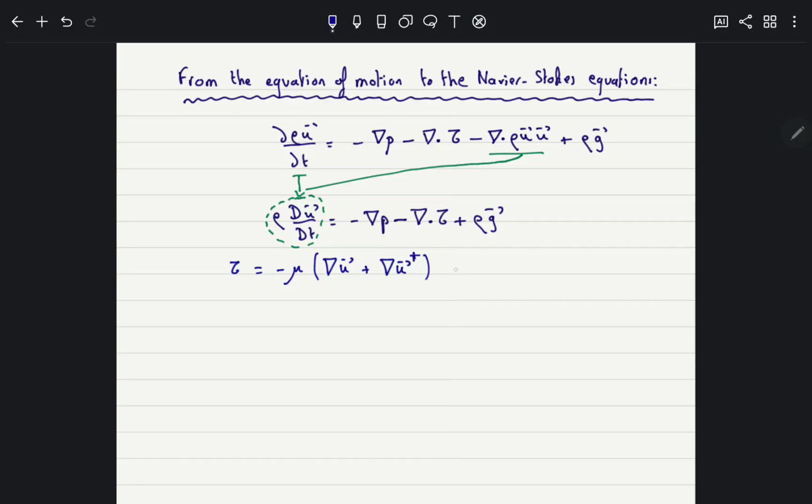And plus 2/3 of mu minus kappa, where kappa was the dilatational viscosity, times the dot product of that nabla operator and the velocity, so that means basically the divergence of the velocity, and don't forget to multiply that by the identity matrix. Okay, so the result basically is a matrix. I think that's also something that we established.